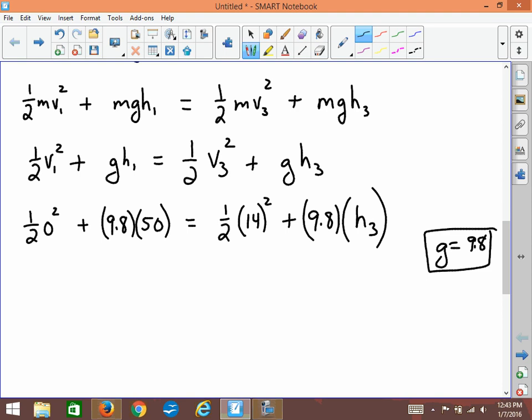So now what we do is we crunch all the numbers up. This is 0, this is 490. Now this time we have to do a little bit of different math. We have to square the 14 first, and if you square 14, you get about 196, and then divide it by 2. So that comes out to 98. And then we have plus 9.8 multiplied by H3.